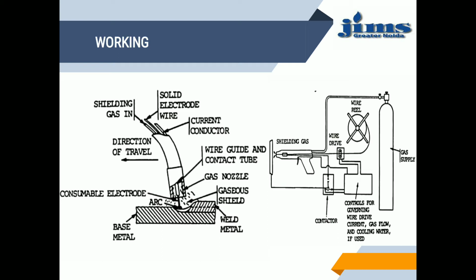The left diagram shows the working principle, whereas the right-hand diagram gives you the whole idea about the tools we are using: the gas cylinder, the power generator, how shielding gas, electrode and current are passed through the welding torch, and how welding is done on a workpiece.